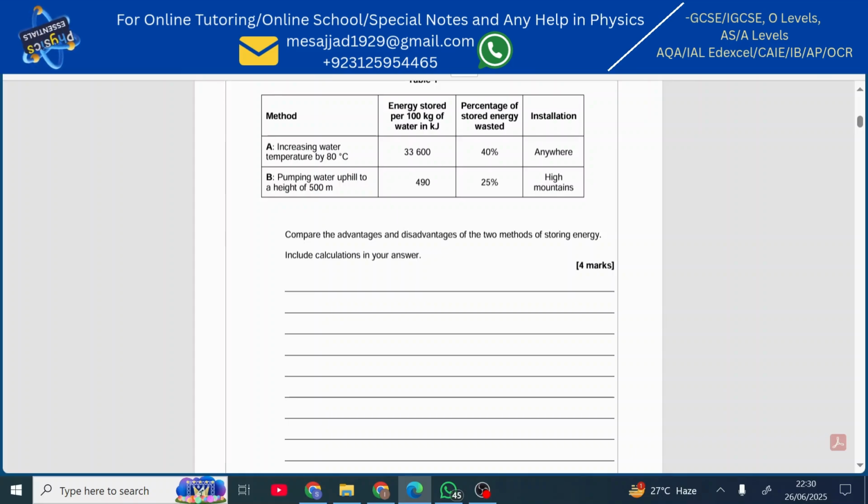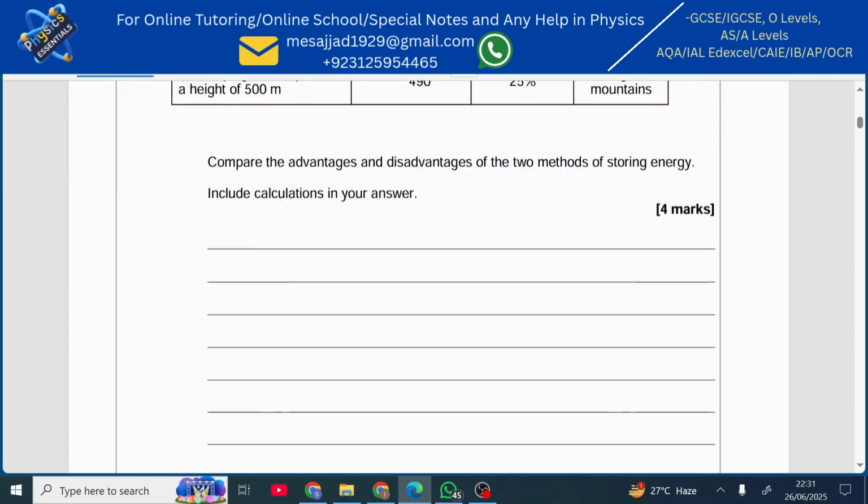Okay, so they have asked us to compare the two methods of energy storage and give advantages and disadvantages, and they're asking us to do some calculations as well. So I'm going to do some calculations for you right now. I am writing it down and then I'll be back.